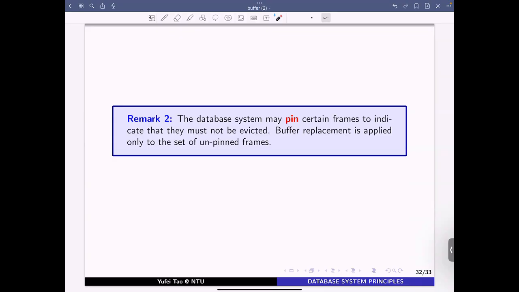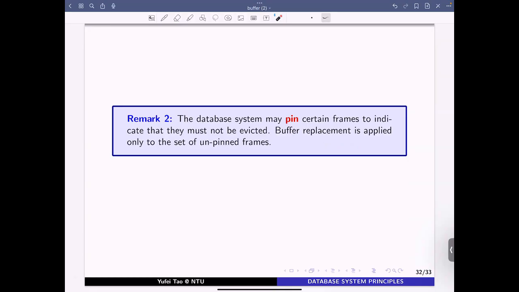So when you run one of those algorithms, you can imagine that it is executed only on the unpinned frames. Later, when we talk about join algorithms, you will see that the algorithm will have to pin certain frames in the buffer because you will need to access them again and again.